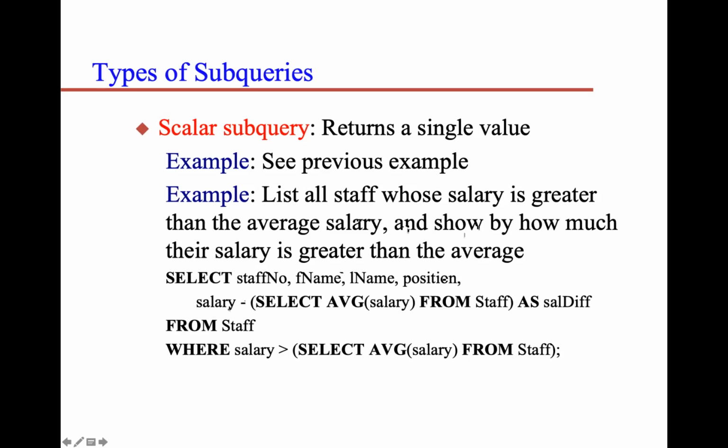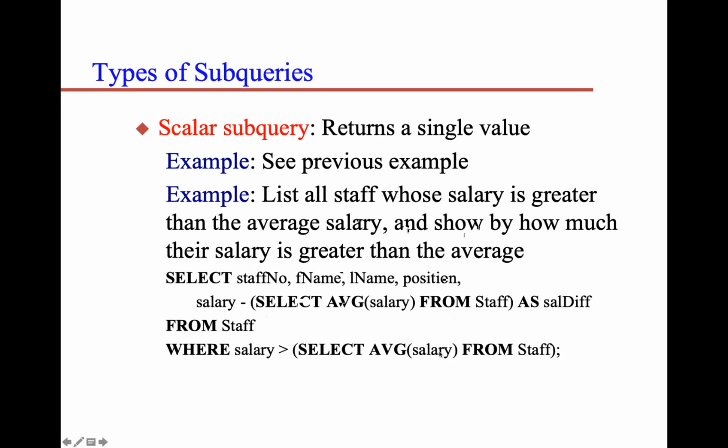So up here, salary minus select average salary from staff. This select average will be evaluated and will return the average salary, which will then be subtracted from salary. And then you're selecting only staff whose salary is greater than the average salary.